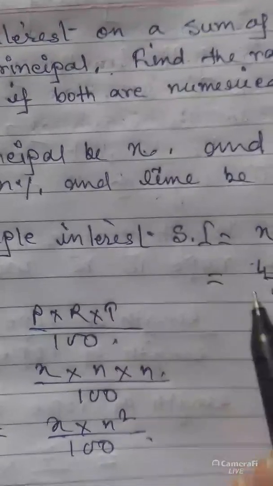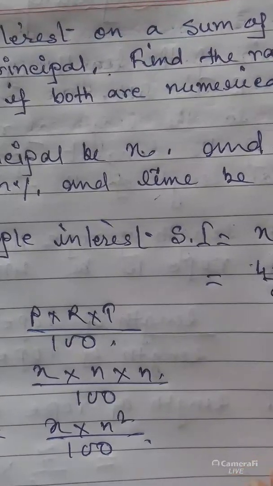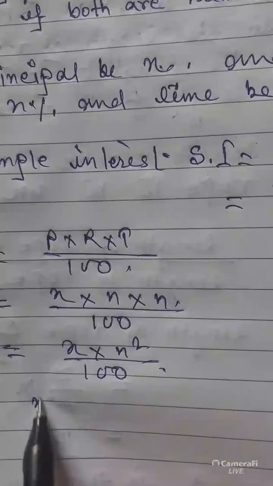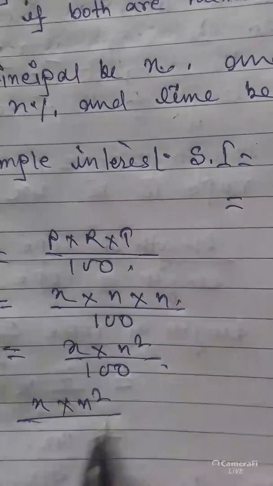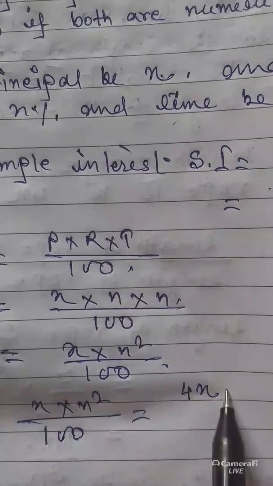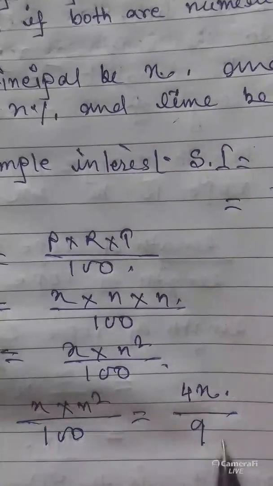And we have already given simple interest equal to 4x by 9. So we can write x into n square by 100 equal to 4x by 9.